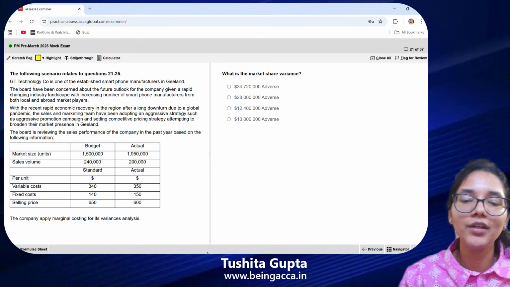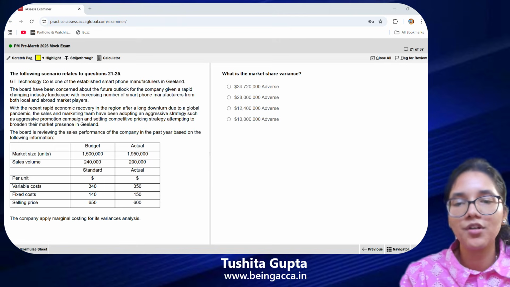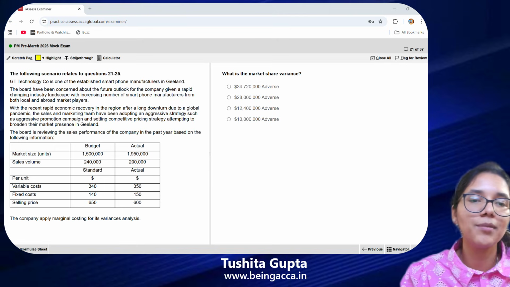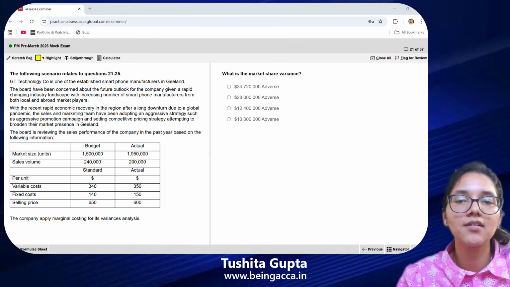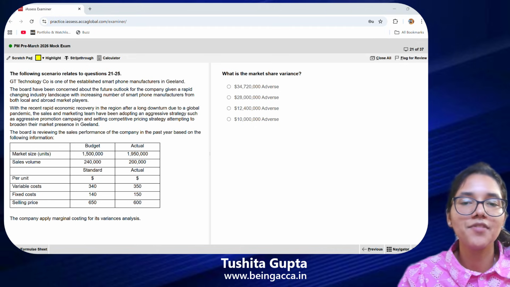So how are we going to come to our revised figures? Actual we know, original budget we know. But how will we get to our revised figures?